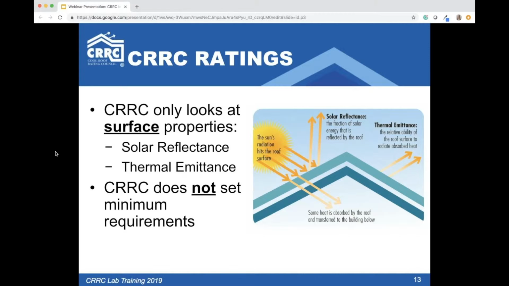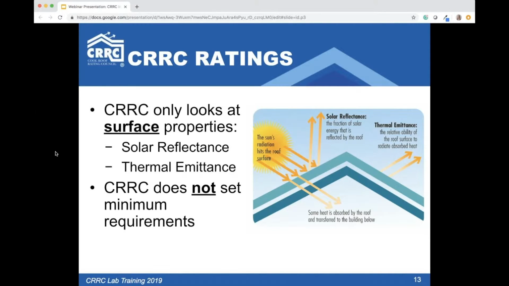So another common misconception is that we set minimum requirements. That is not true. We will accept ratings for any product type. Solar reflectance and thermal emittance are measured on a scale from 0 to 1. So we will accept ratings for products that fall at either end of that spectrum.